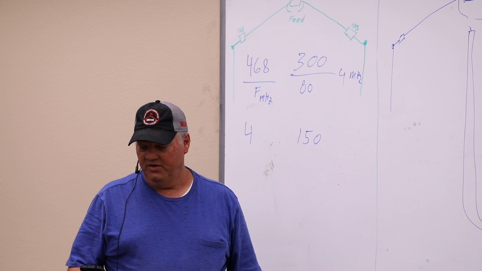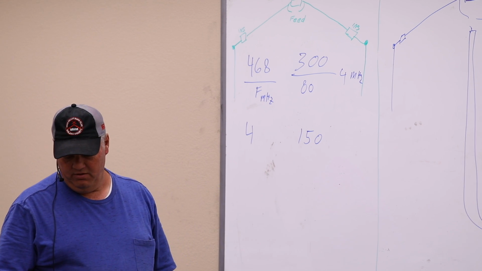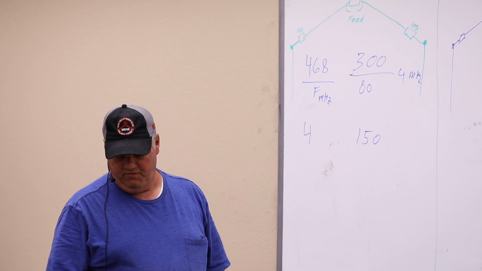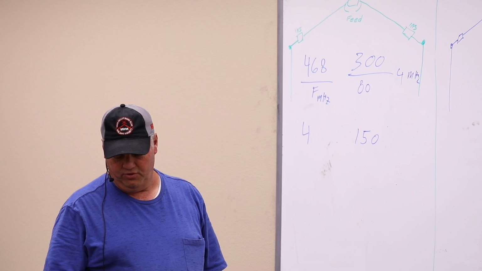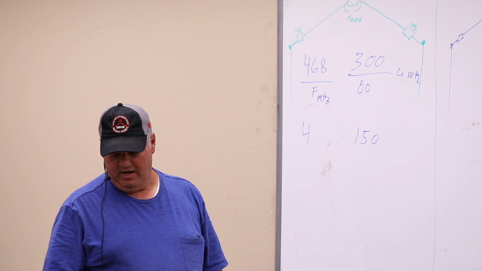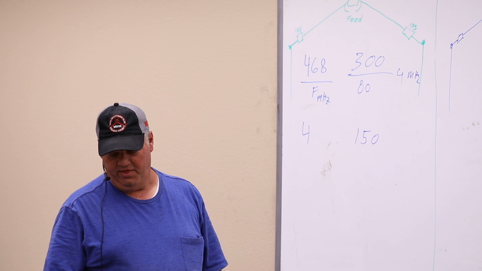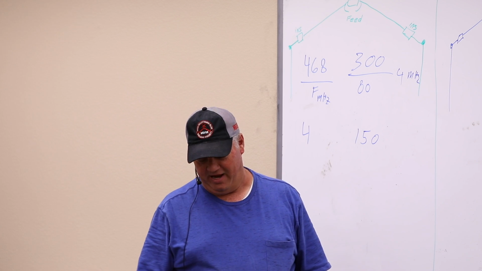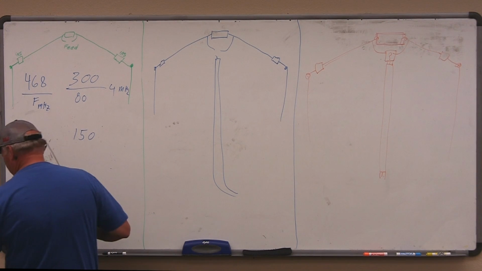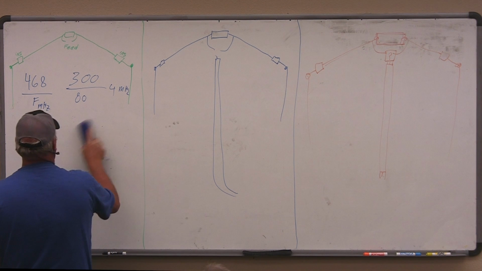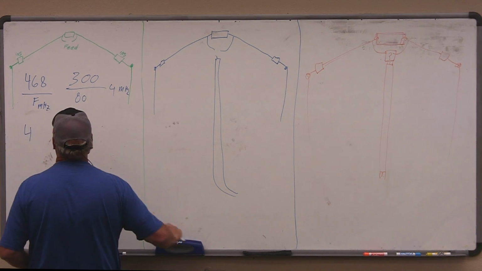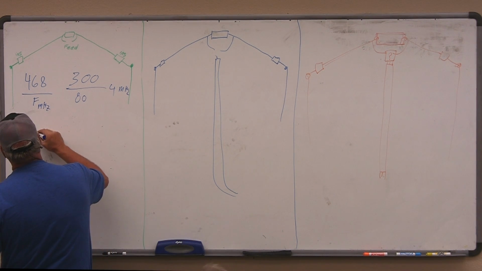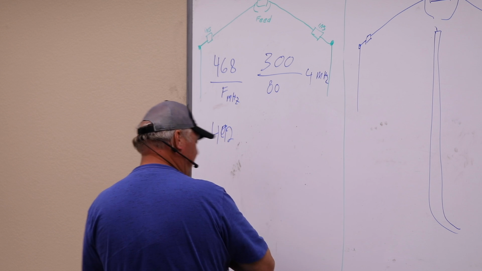Somebody do that: take 150 and multiply it times 3.2804. It comes out to be 492.06, right?